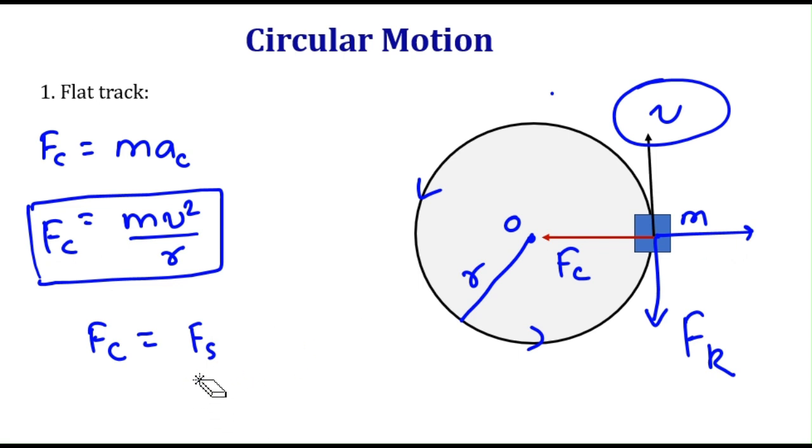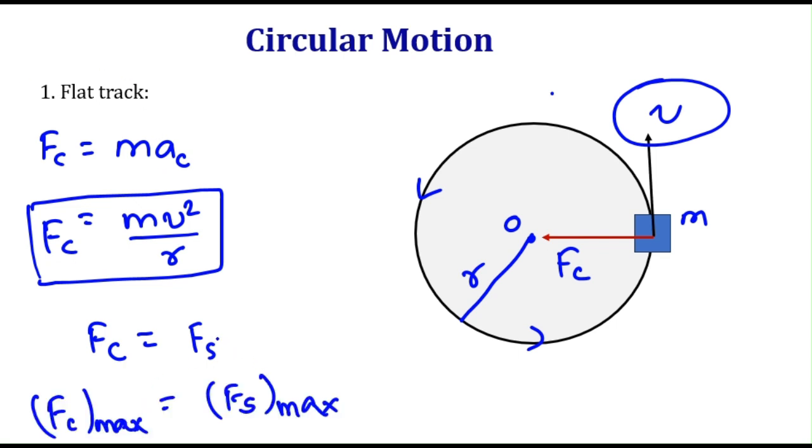So I hope it is clear why for a moving body we are taking centripetal acceleration, centripetal force, to be due to static friction. The maximum value of this static friction will give the maximum value of this centripetal force.